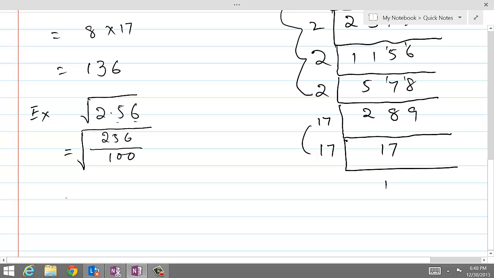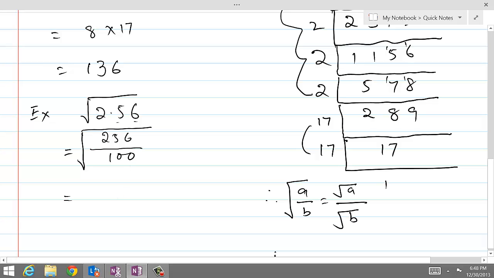Now, as the property of square root, which we learned in lesson 1, that the square root of a over b is equal to the square root of a over the square root of b.